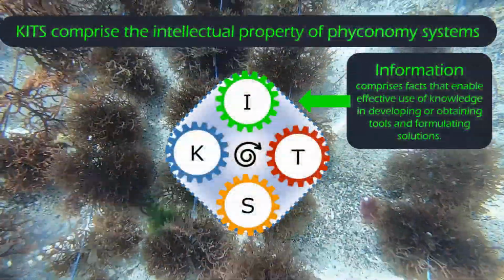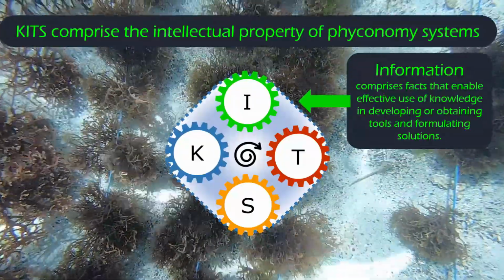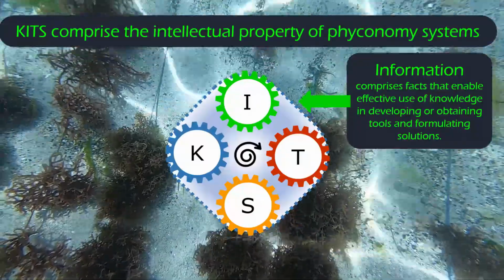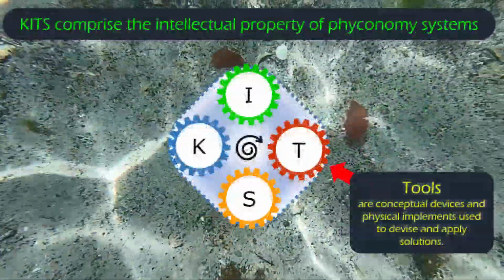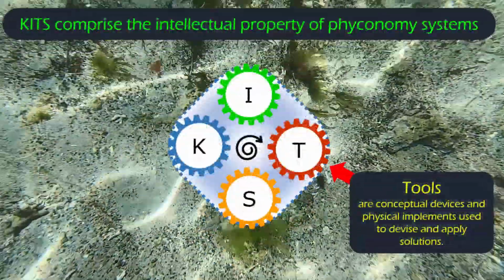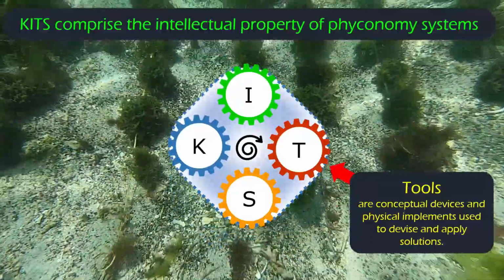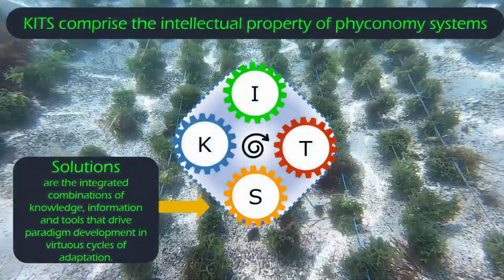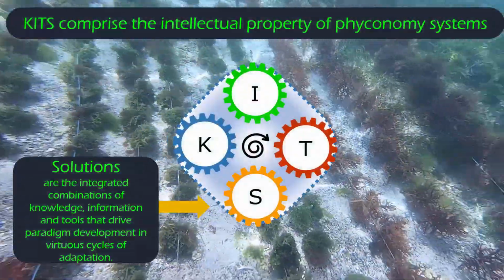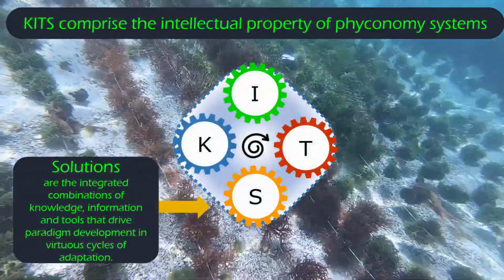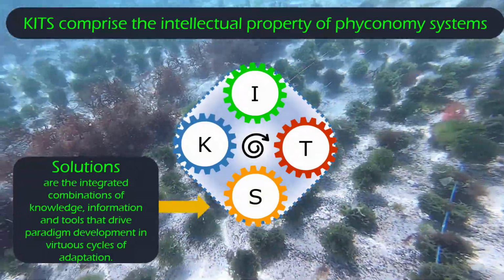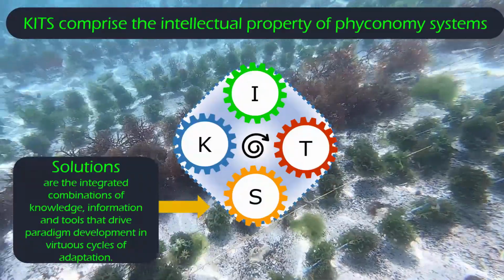Information comprises facts that enable effective use of knowledge in developing or obtaining tools and formulating solutions. Tools are conceptual devices and physical implements used to devise and apply solutions. And solutions are the integrated combinations of knowledge, information, and tools that drive paradigm development in virtuous cycles of adaptation.